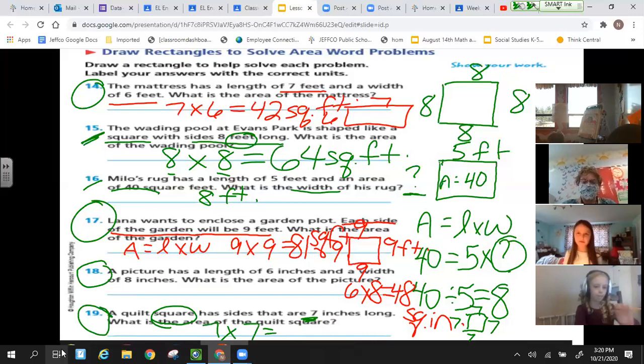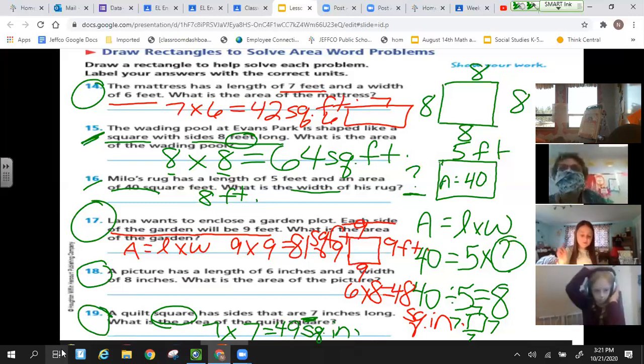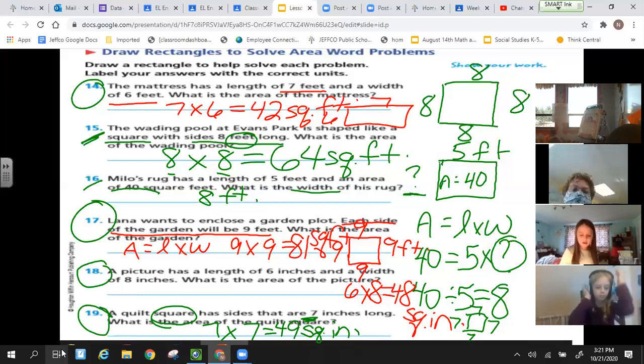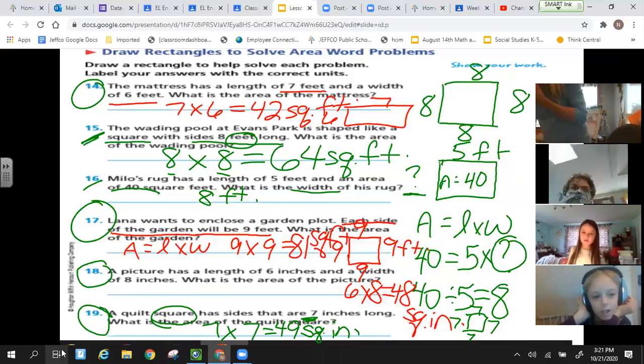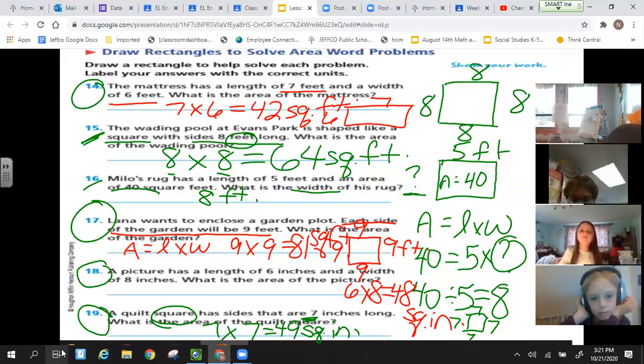We haven't learned that. Some of us looked at the multiplication table, and 7 times 7 is 49 square inches. So I apologize that some of those aren't the ones we've done yet. I saw some people drawing pictures. Good strategy. All right. Nice job today.